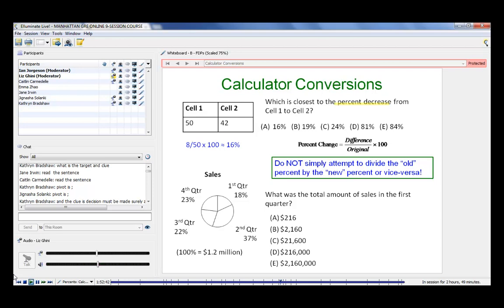Now let's look at this one. What was the total amount of sales in the first quarter? How do you think about this one? Notice something about the answers. Anybody see anything weird about these answers? You can almost do this without a calculator. In fact, you really could.